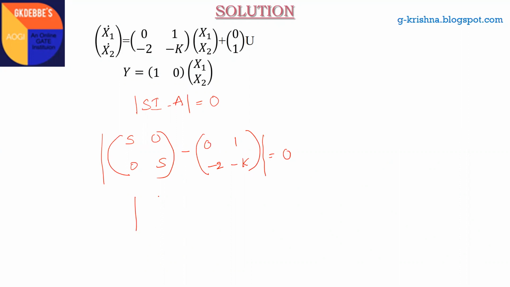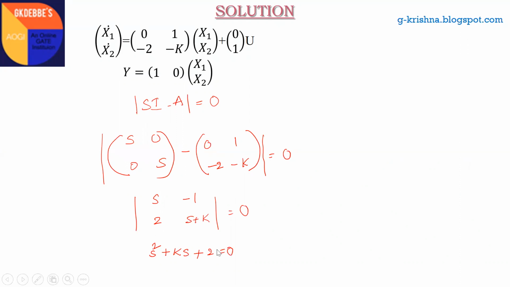What is sI minus A? It is s minus 0, 0 minus 1, 0 minus of minus 2 is 2, s plus k. The determinant of a 2 by 2 matrix with entries a, b, c, d is ad minus bc. So the determinant of this matrix is s square plus ks plus 2 equal to 0.